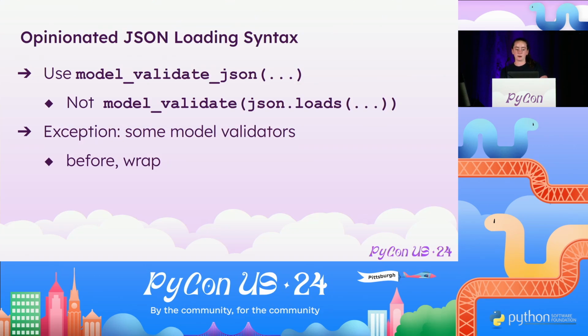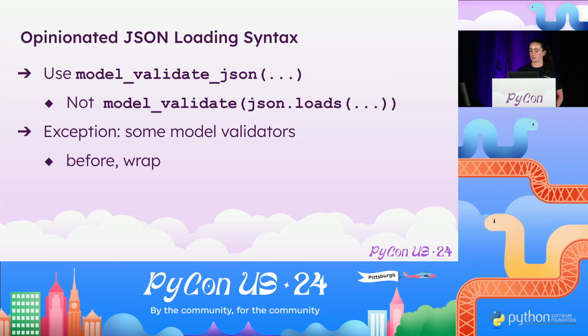First, I'm going to talk about opinionated JSON loading syntax. So if you're trying to validate data that's coming in as JSON, we have a recommended way to do it. We recommend that you use this model_validate_json function. It's a misconception that you could use model_validate and then json.loads and then your JSON string within that, but that's less performant.